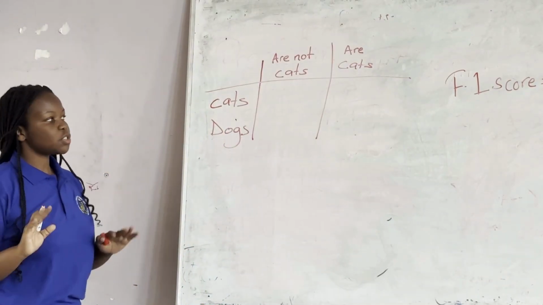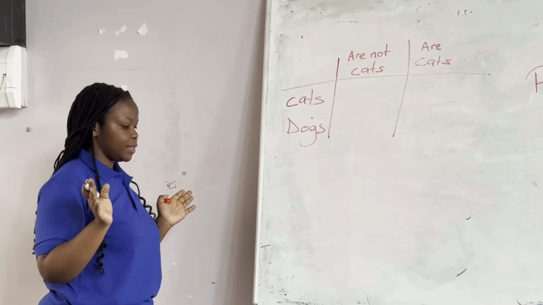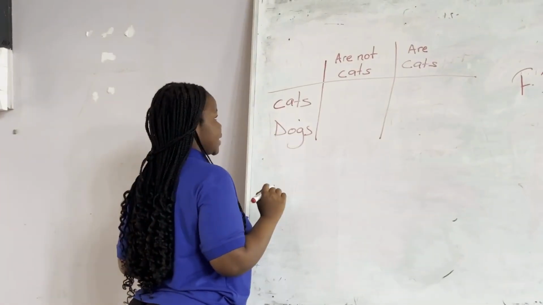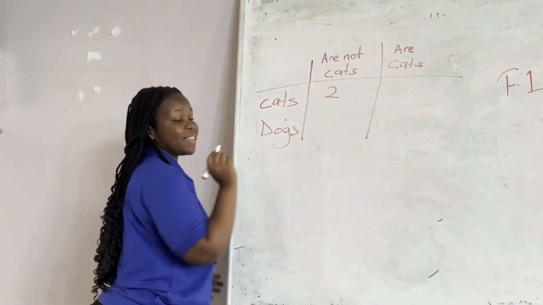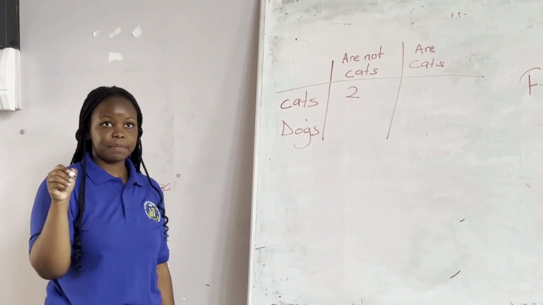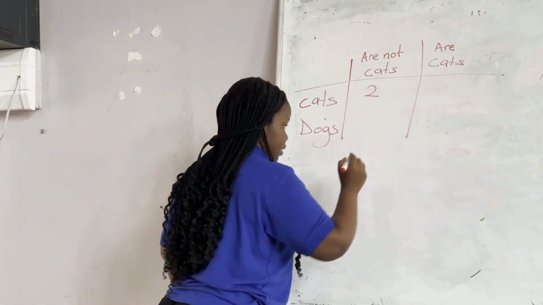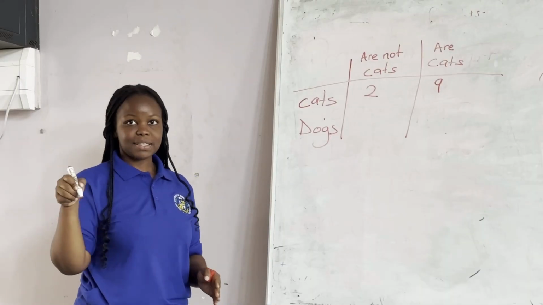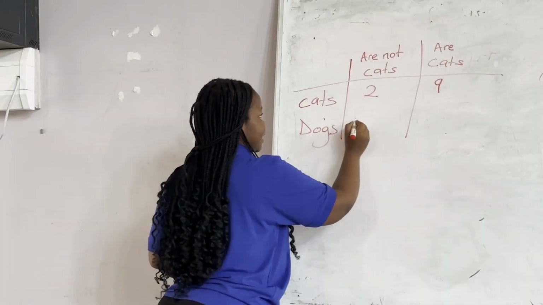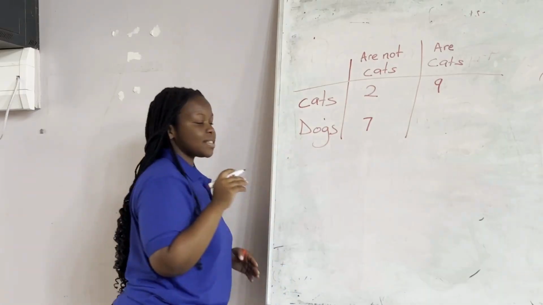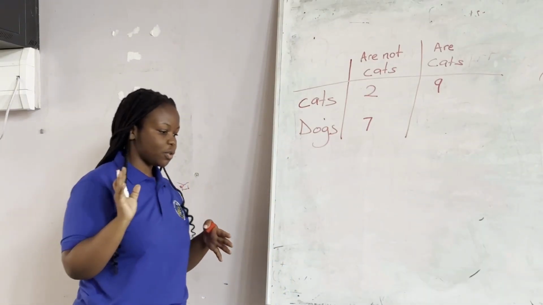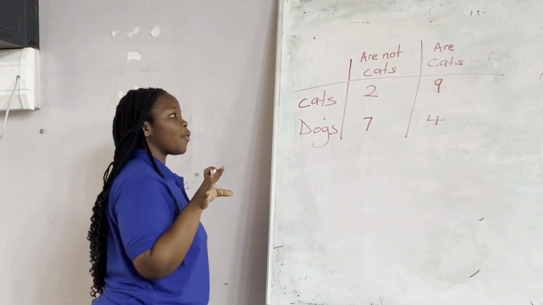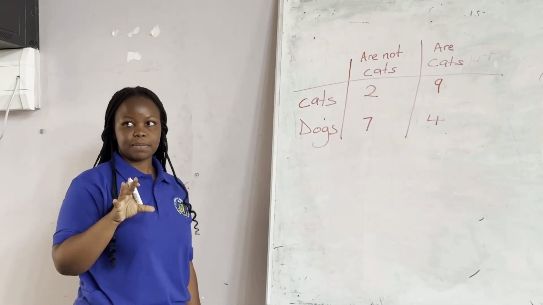So if our classification model said 2 were cats but they were actually dogs, yeah? Then it identified 9 cats that were actually cats. It identified 7 dogs that were actually dogs and said 4 were dogs but they were cats.